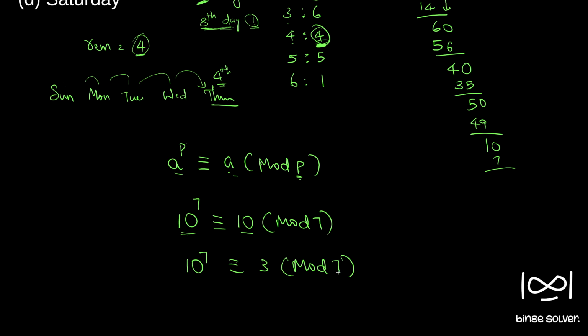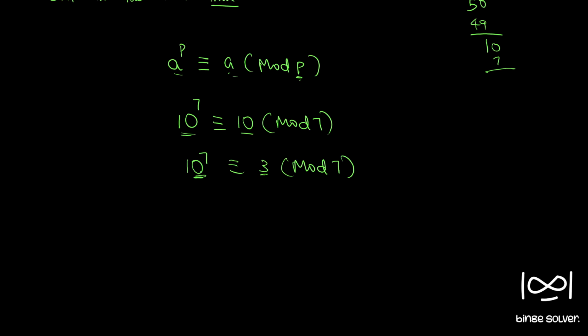So when divided by 7, 10 raised to 7 will have the same remainder as 3, which is 3 itself. So we can quickly find the remainder when 10 raised to 7 is divided by 7.